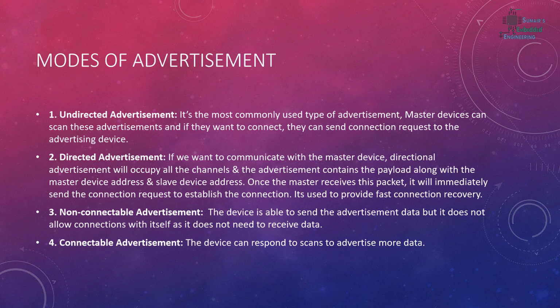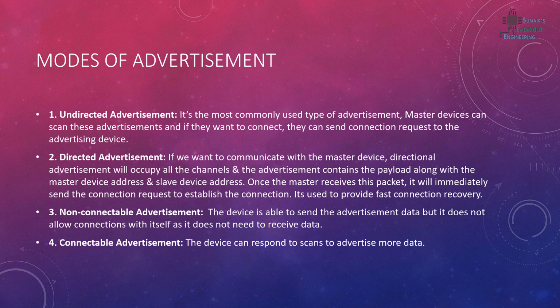The directed advertisements are used if a master device wants to communicate with a slave device which is known, or the slave device wants to communicate with a known master device, and we want the devices to communicate as fast as possible.